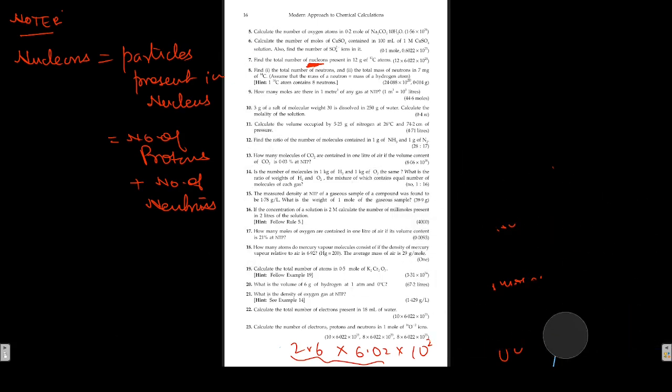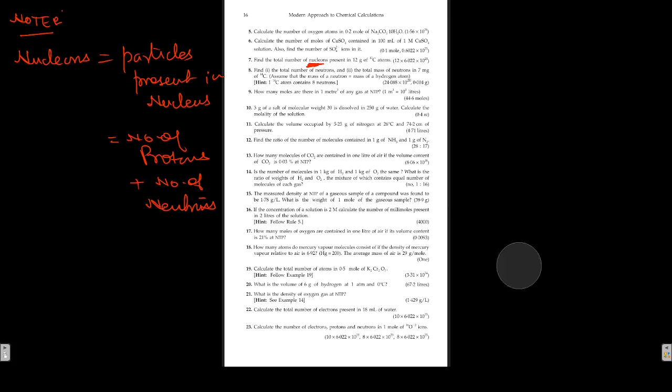Now what is given here: 12 gram of carbon 12.